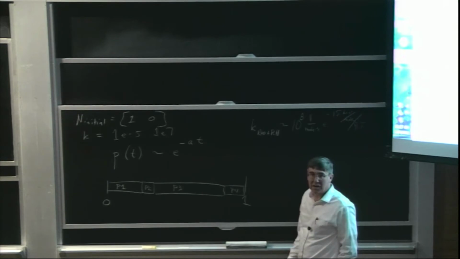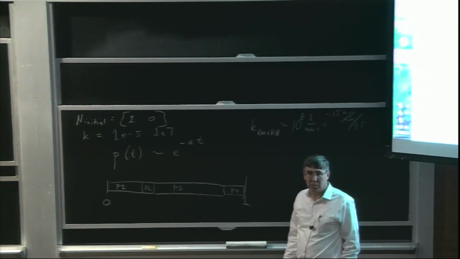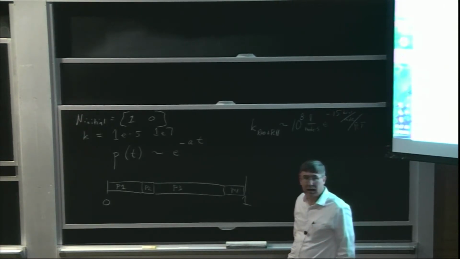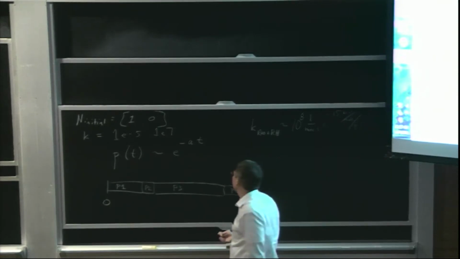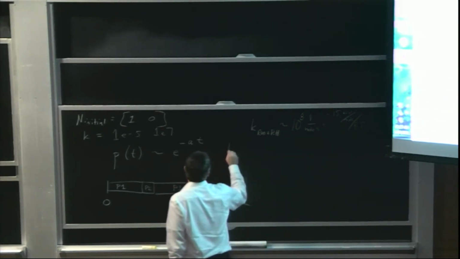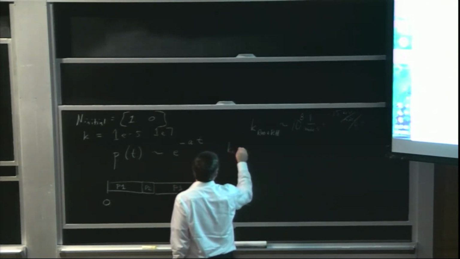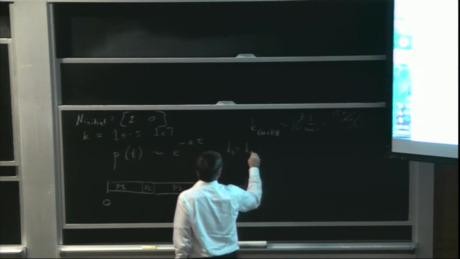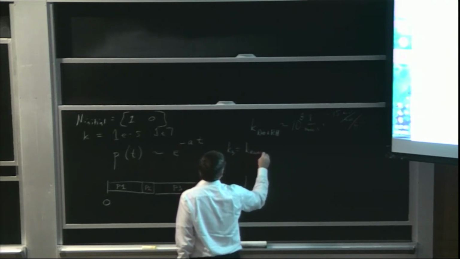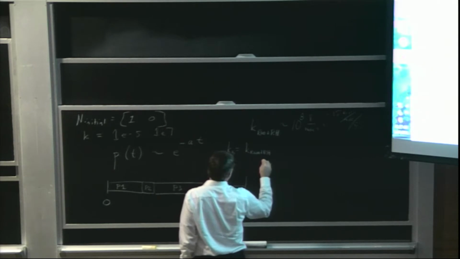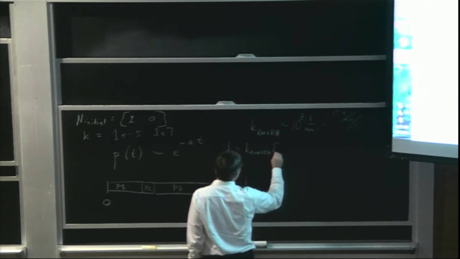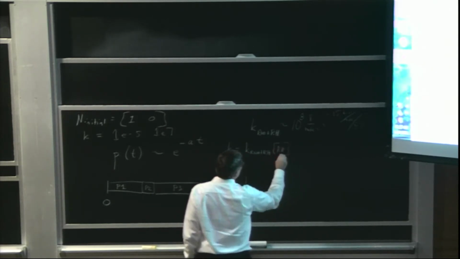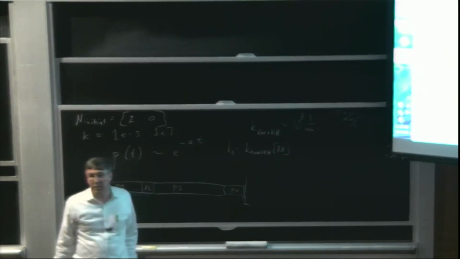Okay, so now we have to figure out how to turn this into the K3 we want. K3 is like this, times the concentration of the RH, because we took the RH out of the problem, right?